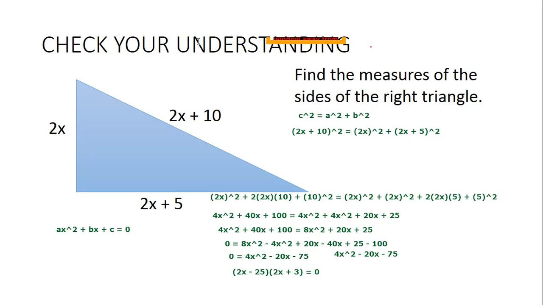So we're going to use the FOIL method here. This will become 2x times 2x, of course, that's 4x squared. Now, 2x times positive 3 is 6x. Negative 25 multiplied by 2x is negative 50x.